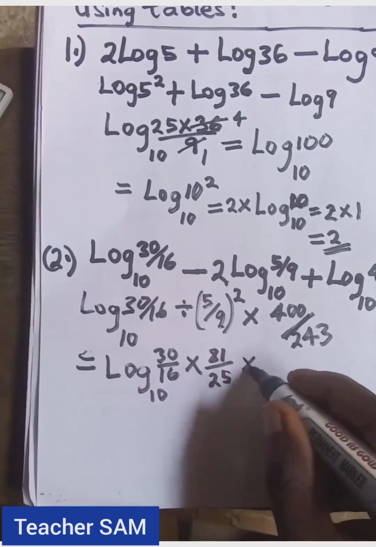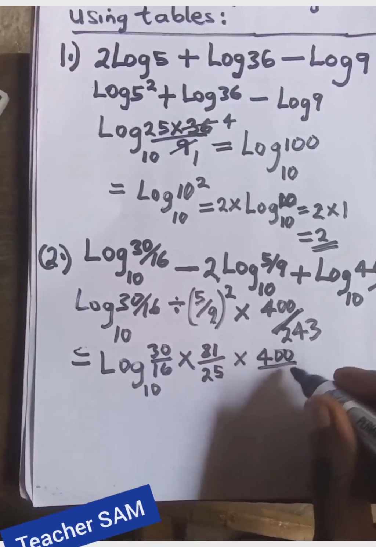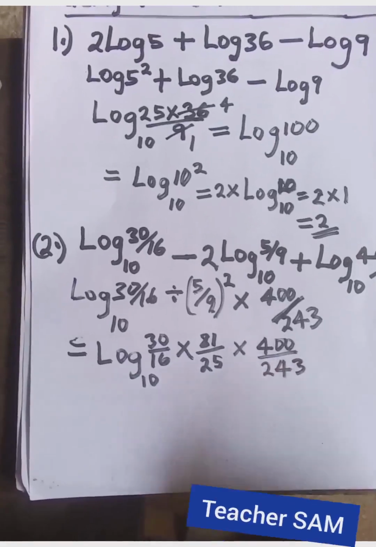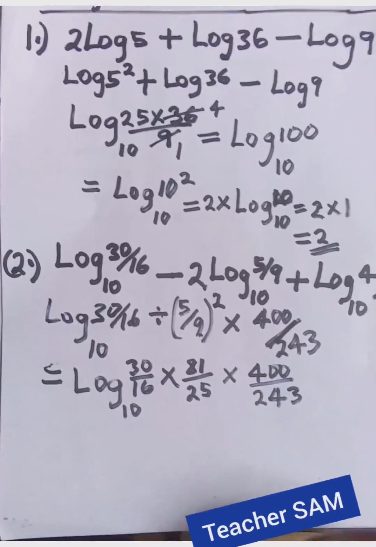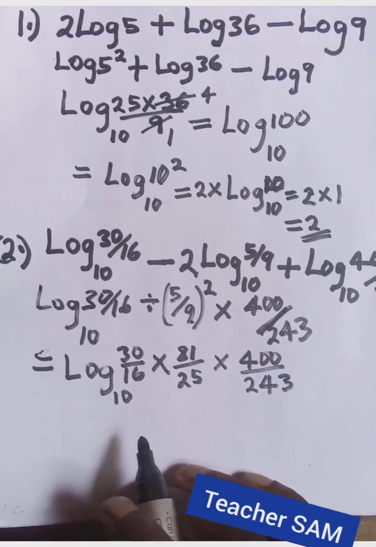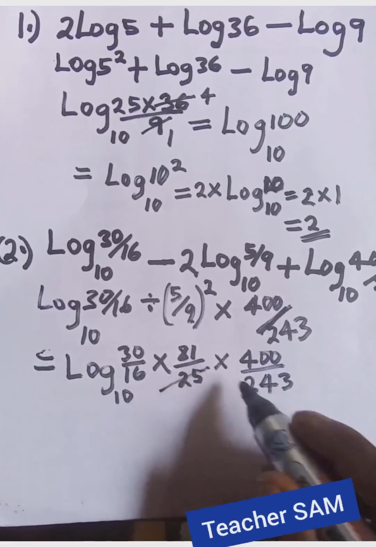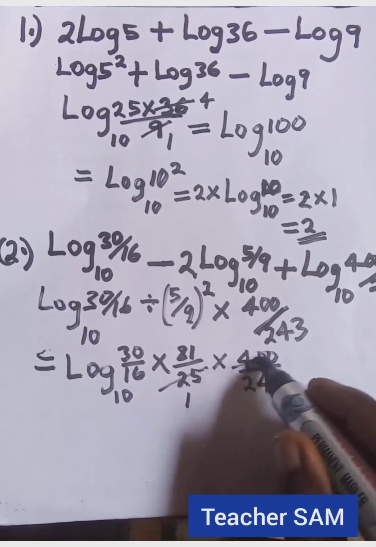Now times 400 over 243. So we have that. Now we begin to look for numbers to split this. Now 25 can divide itself 1. 25 can divide 400.